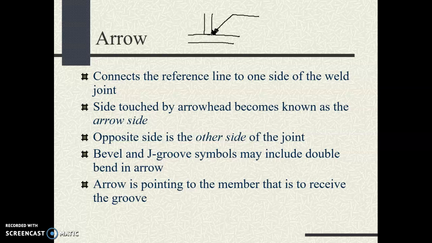This side, where the arrow points to, is the arrow side. Then we also have the other side of the joint. So there are two sides. The symbol or arrow points to one. And so we have the arrow side and the other side.